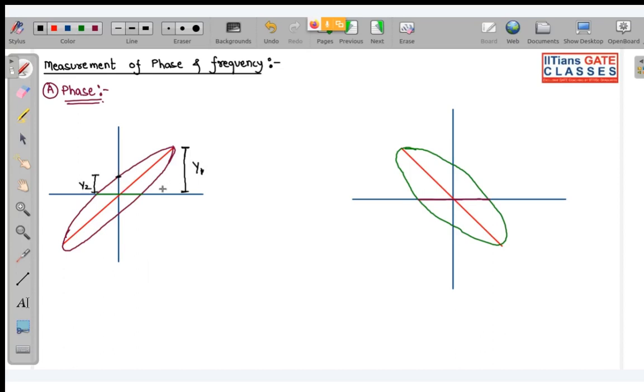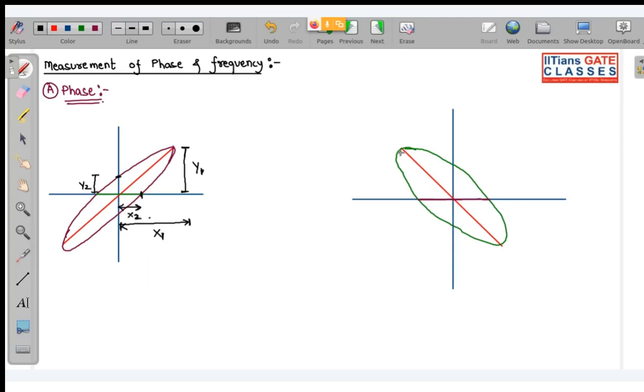Another we can make is, let this much be x1 and this point be x2.